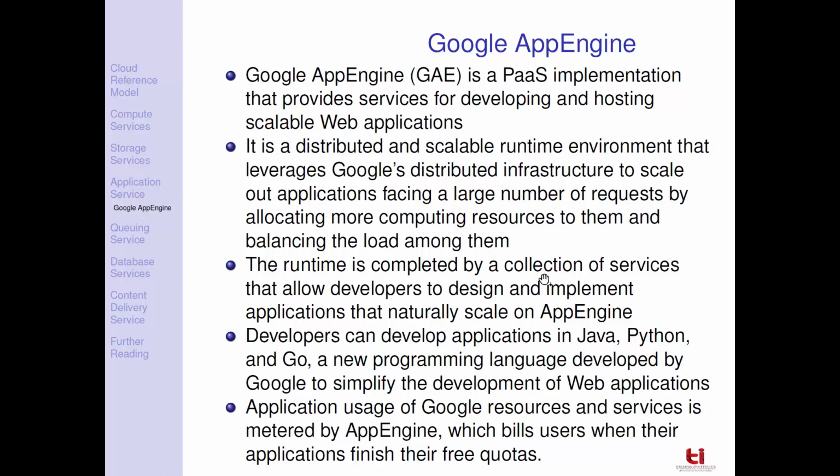The runtime is completed by a collection of services that allow developers to design and implement applications that naturally scale on App Engine. So this runtime has a collection of many services which we just saw. For example, it contains image manipulation service which allows the applications to manipulate the image.